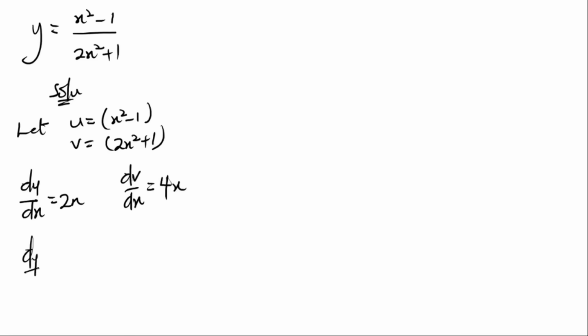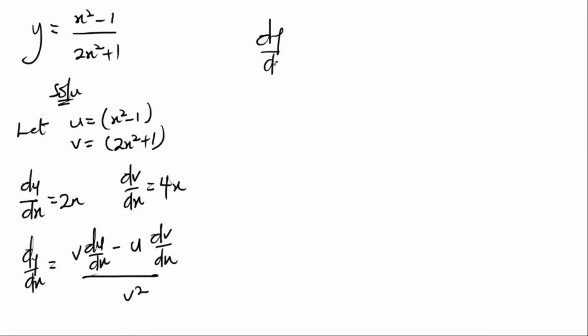So our quotient rule gives us dy dx is equal to v du dx minus u dv dx all over v squared. So our dy dx for this example is equal to, our v is 2x squared plus 1, so we have 2x squared plus 1 here.